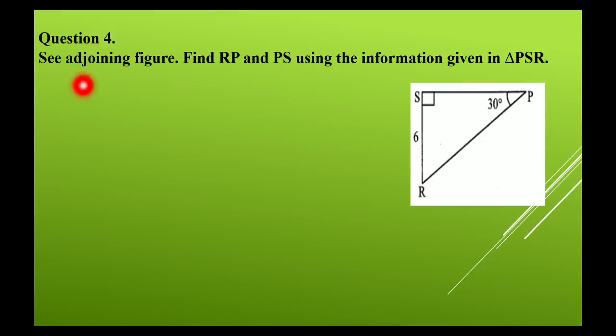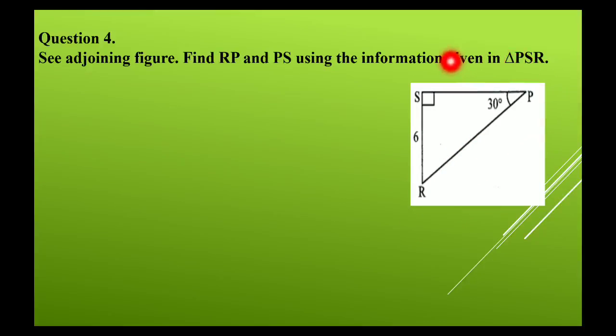Question number 4. See the adjoining figure. Find RP and PS using the given information in the given triangle PSR.